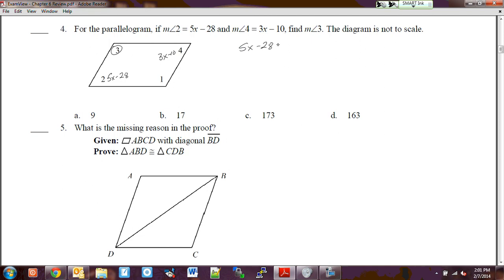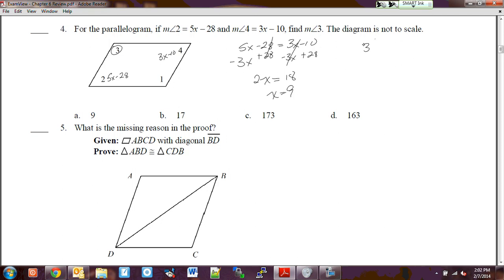So 5x minus 28 equals 3x minus 10. So add the 28, add 28, minus 3x, minus 3x. So 2x equals negative 10 plus 28 is 18. Divide both sides by 2, so x is 9.